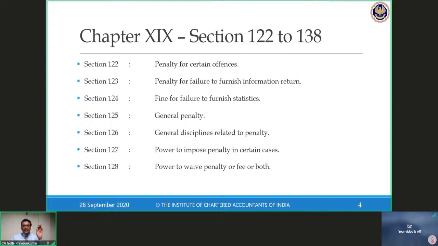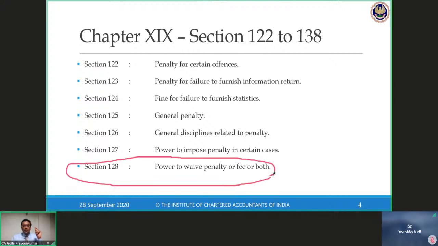This section 128 is what I was talking about a while ago, where we have to ensure that the assessee is not falling into the limb called fraud, misrepresentation, suppression of facts. Rather, the assessee should fit into the bucket called a non-fraudster or a complying assessee. This section 128 is a value-added provision from your career perspective.